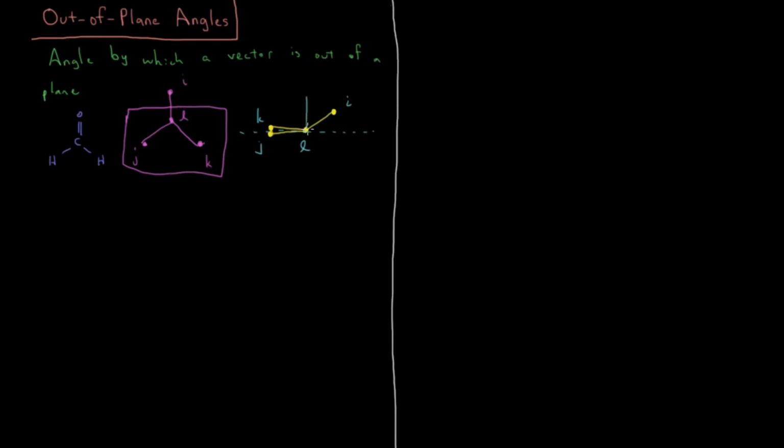Then I can define a normal vector to this plane, a normal unit vector. There will be some angle between that unit vector and this bond vector LI. And our out-of-plane angle of interest I'll define as gamma IJKL.